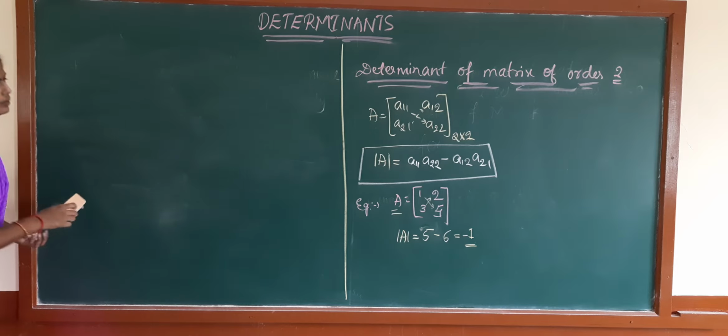Next, minus of A12 A21 A33. This minus and this minus become a plus, that is A12 A23 A31. Next that is plus A13 A21 A32 minus A13 A22 A31.